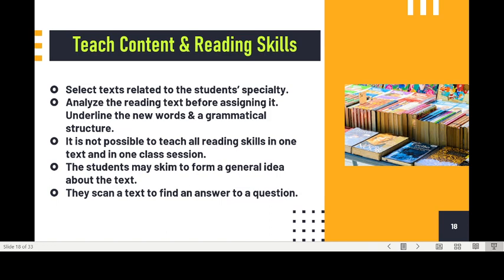One of them is skimming. The students skim, they read quickly, they look here and there. They don't read every single word, every single line. So they look quickly in order to form a general idea about the text. Another skill is scanning. We give them one question and we ask them to read quickly to find the answer to the question.